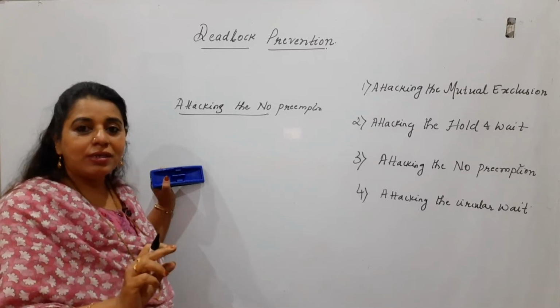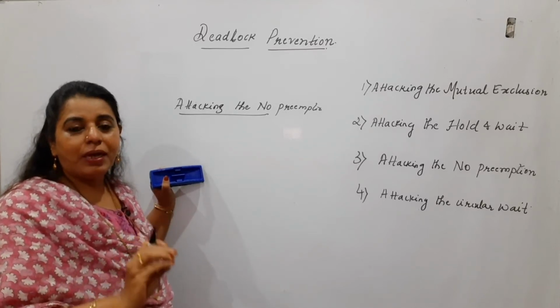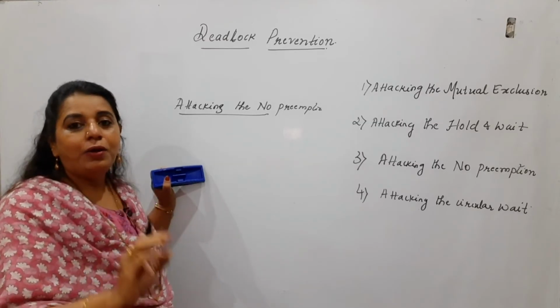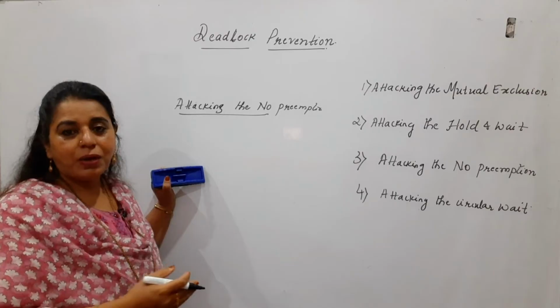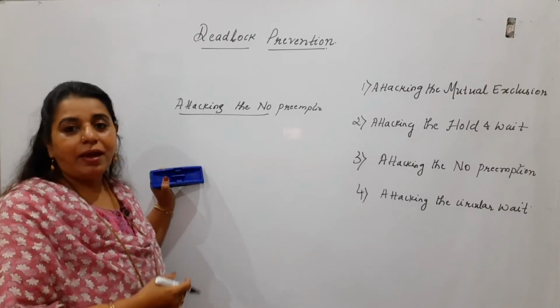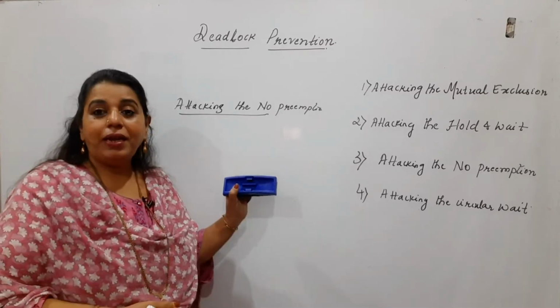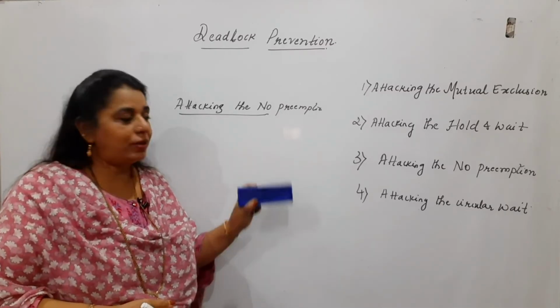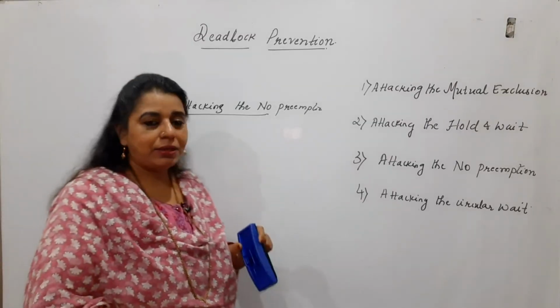Rather than that, see wherever the processes are about to start their job, you can make those processes release their resources and allot those resources to other processes that are waiting, and in this way you can prevent deadlock in the system. Very intelligently you have to select a process to violate this no preemption condition.